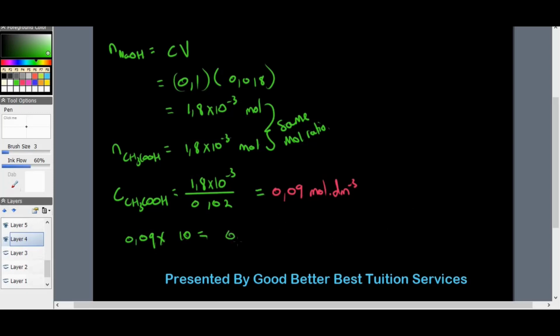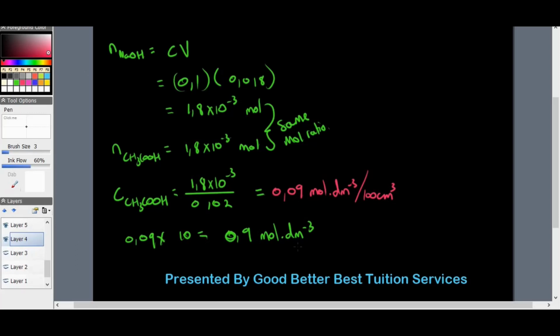And the concentration of the undiluted vinegar is 0,9 mole per decimeter cubed, because with the dilute acid we took 10 and then we filled up to 100. So we're just calculating the concentration of the undiluted acid, which was 0,9. So what this means is 0,09 mole per decimeter cubed per 100 cubic centimeters of the dilute. That's just the value of the undiluted acid.